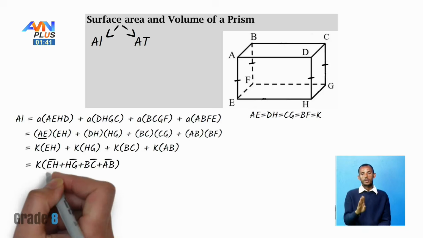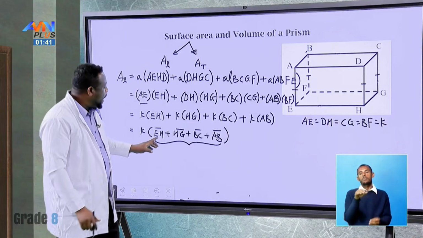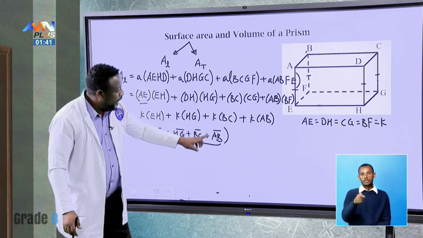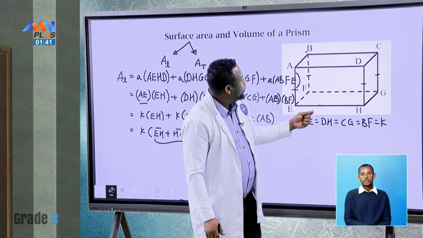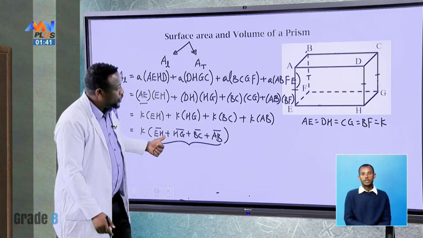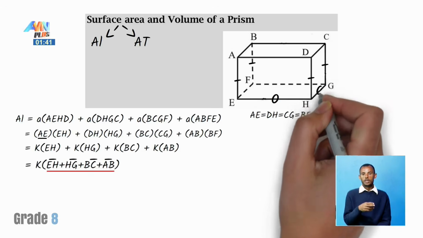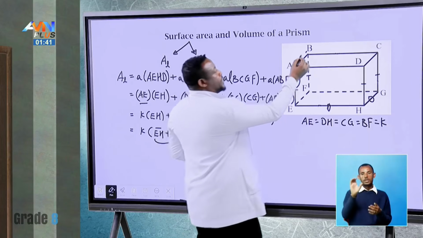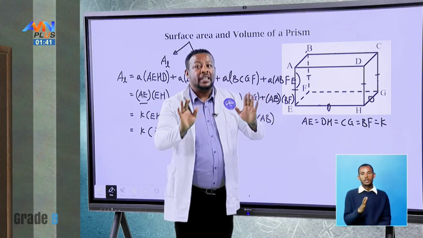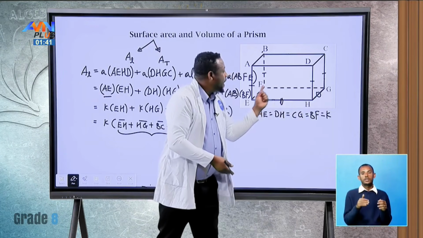Now I need you to consider what this sum looks like: EH, HG, BC, AB. Here we have this EH, HG is this side, plus BC, which is this one. By the property, we said that the base edges are parallel and congruent, so BC is exactly the same as FG.